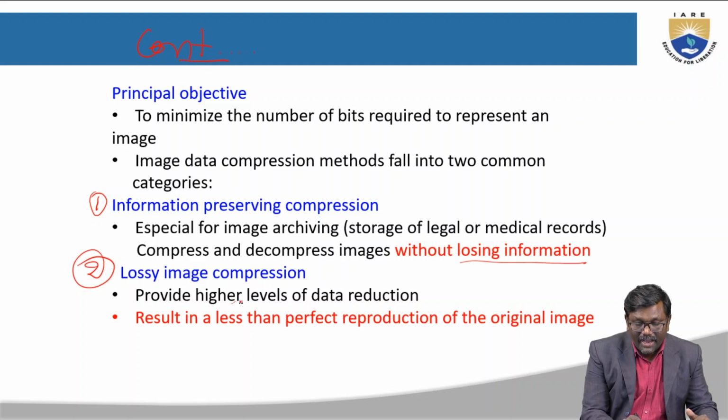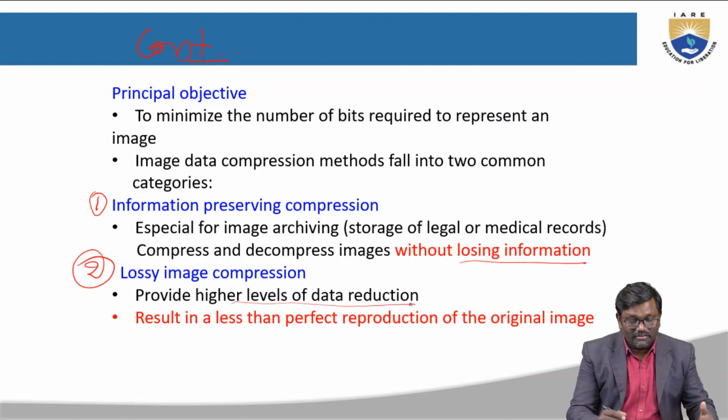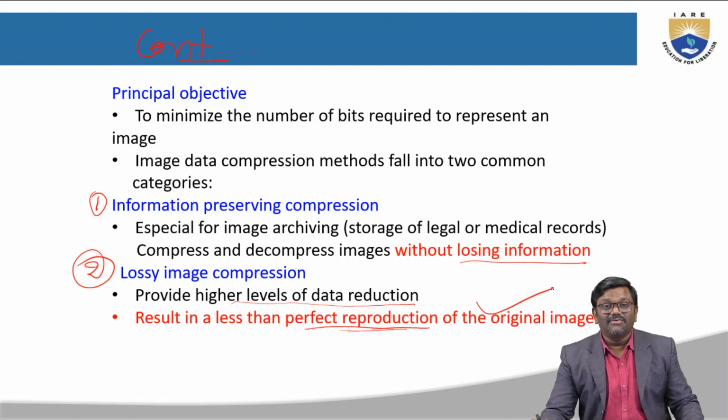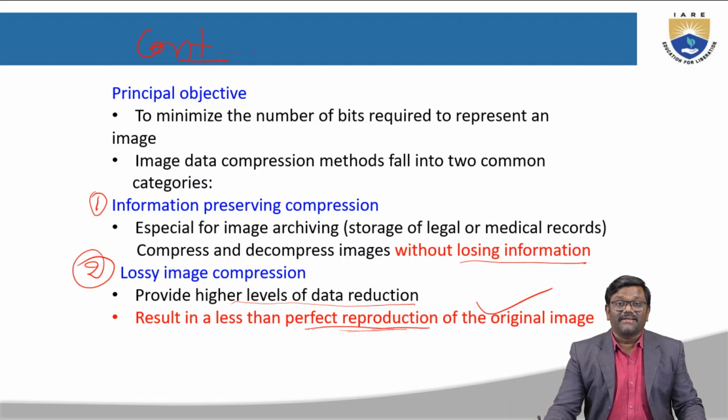It provides higher levels of data reduction, but results in a less than perfect reproduction of the original data. So the principal objectives of the two categories are: number one, without losing information; number two, reproduction of the original data of the image we compress. Those are the two categories we have to understand from our image compression principal objective.